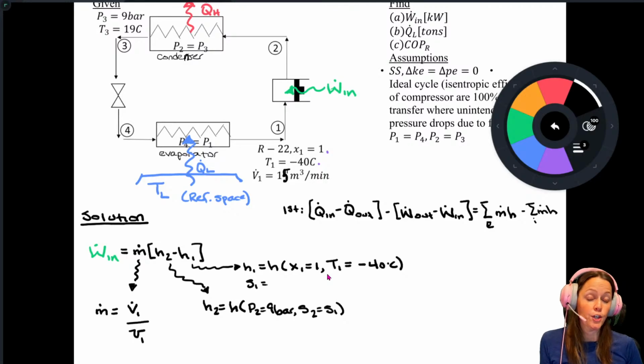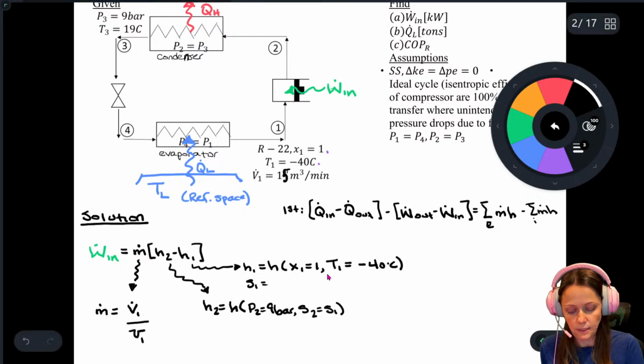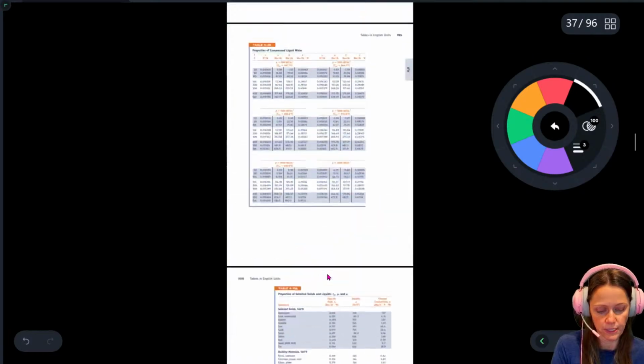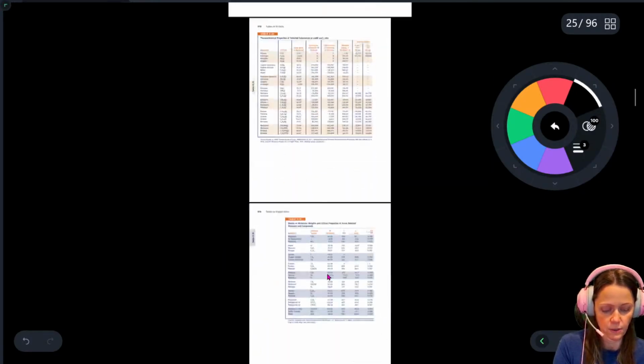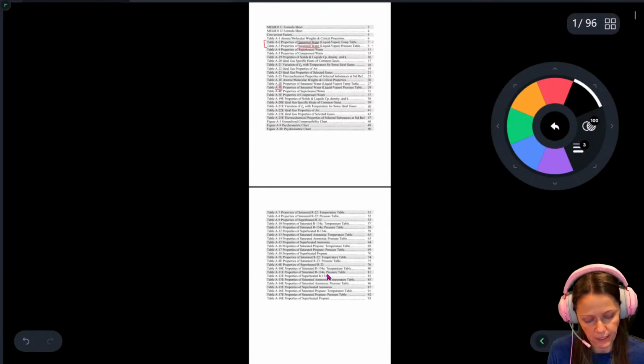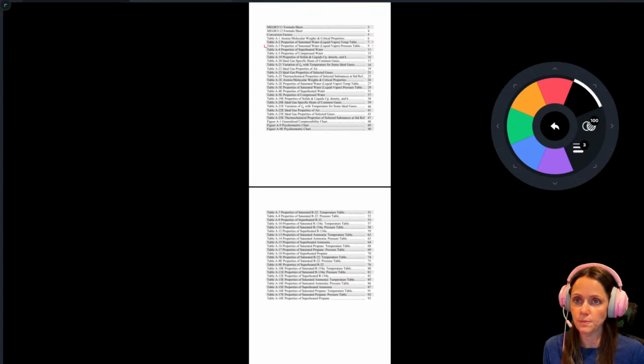So I need to go to the tables for R22, so I'm going to go do that now. And instead of trying to flip around and see where these are, you might want to go to your table of contents here to figure out where it is. We are in SI units, right?